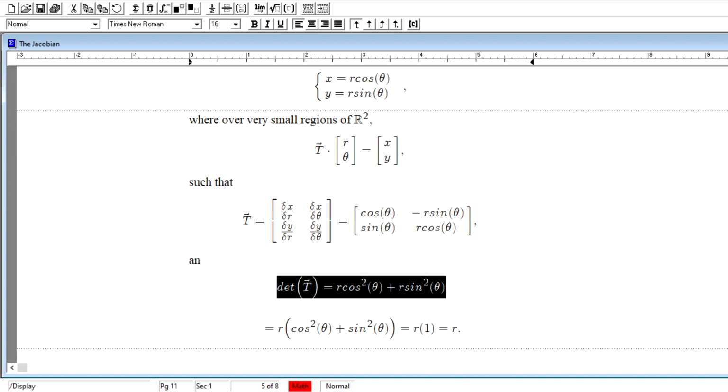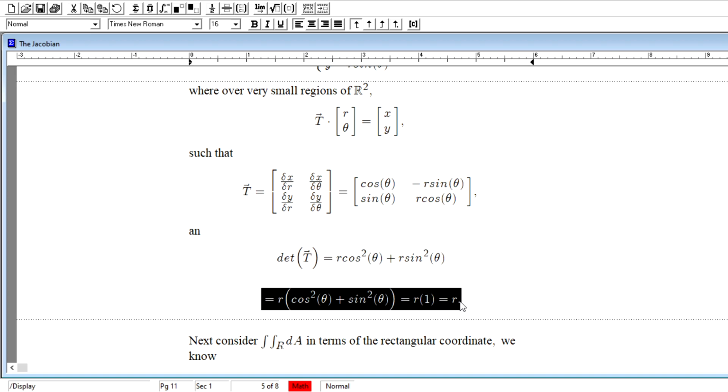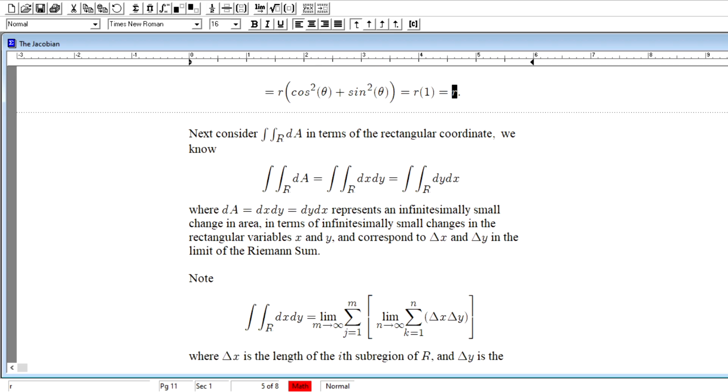Right? That determinant of the transformation matrix is what yields this Jacobian multiplier known as the value of r. This is true for that double integral into polar functions and the transformation of the triple integral into cylindrical coordinates, right, and descriptions of space.